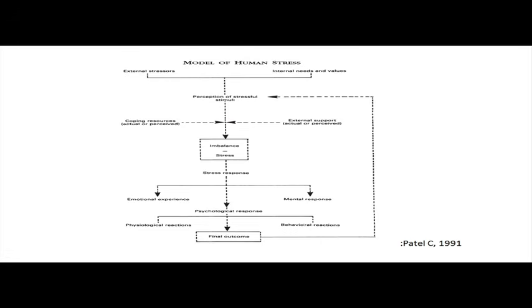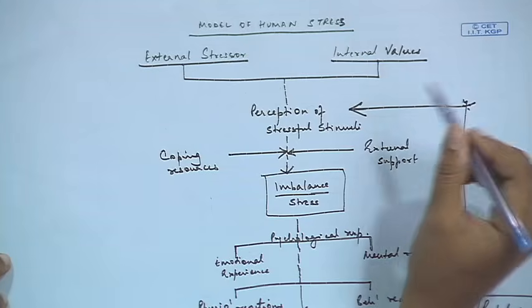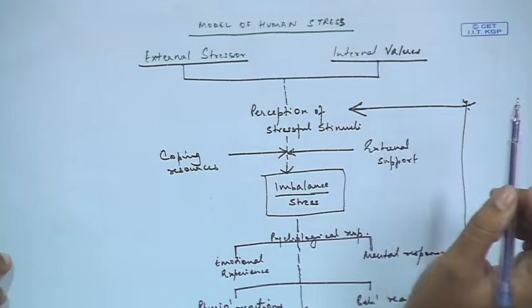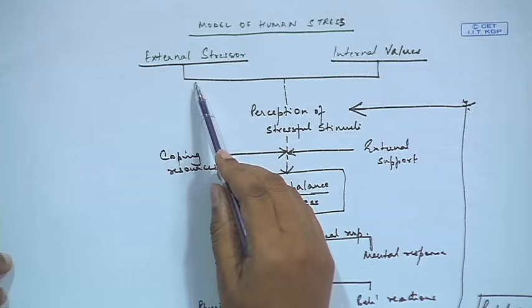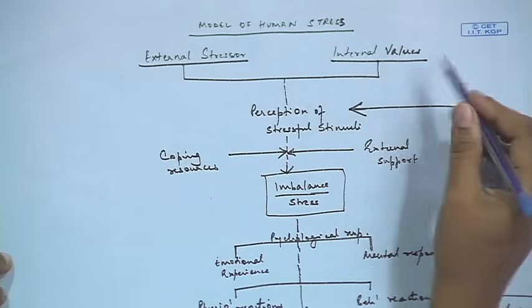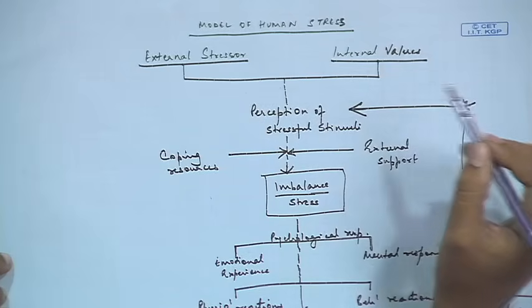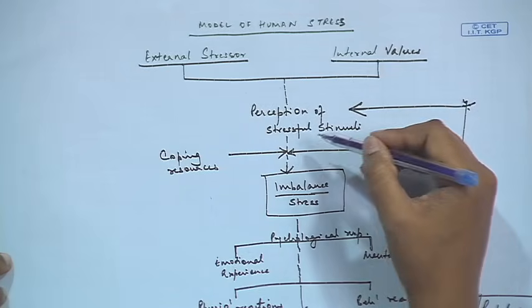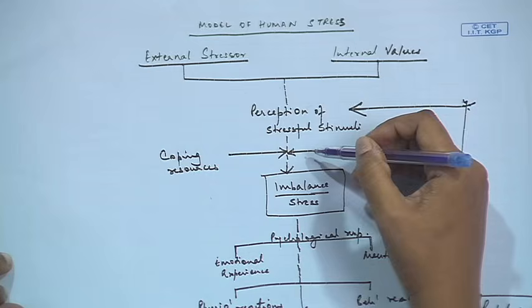So now let us discuss a model of human stress that I've taken from Patel in 1991. She has given this model and she talks of an external stressor and internal values and needs that add up to the stressful stimuli. That is, it adds up to how we are perceiving the stressful stimuli.